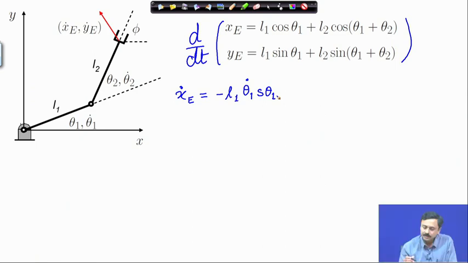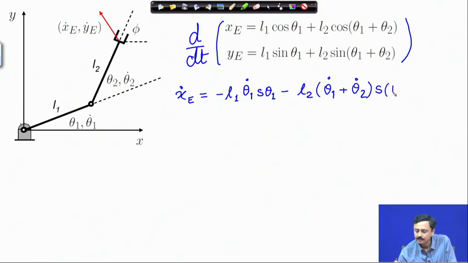I am writing s theta 1 in place of sine theta 1, and minus L 2 times theta 1 dot plus theta 2 dot times sine of theta 1 plus theta 2.